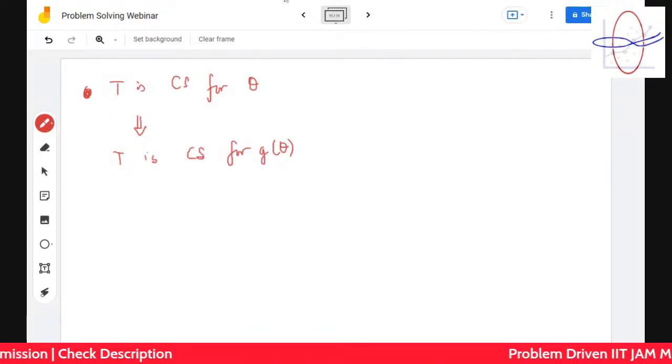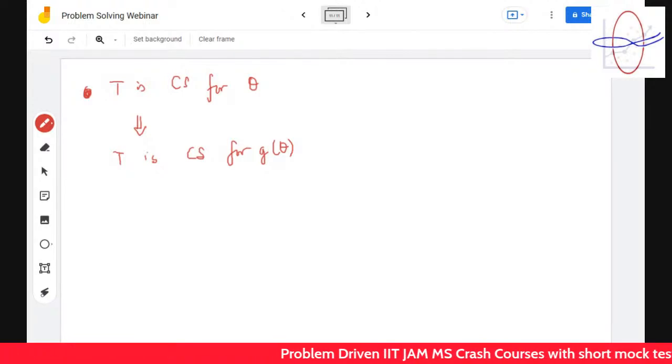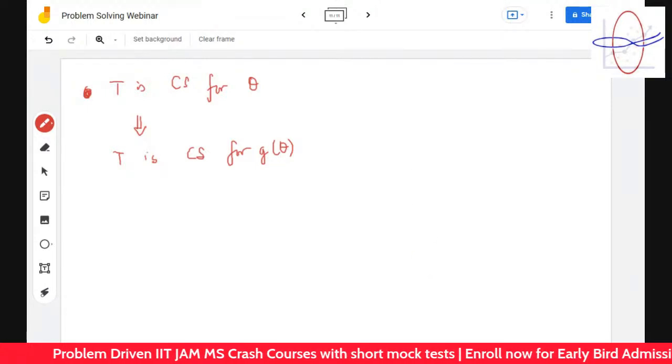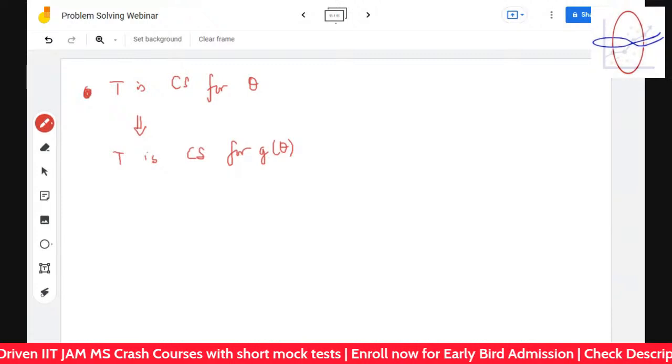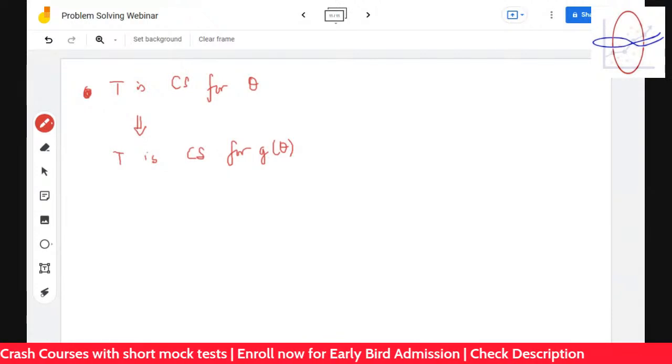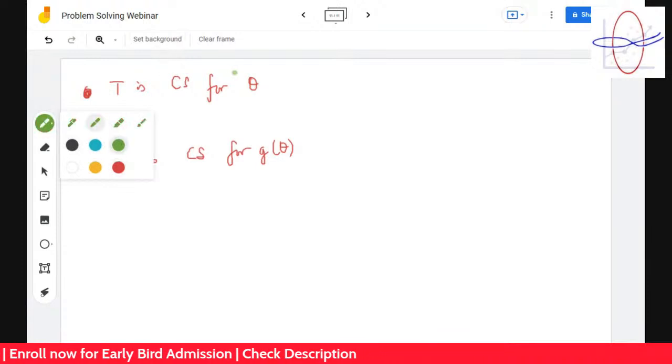Is it true, guys? What do you think? If T is complete sufficient for theta, is T complete sufficient for g theta? So let's try to prove that.